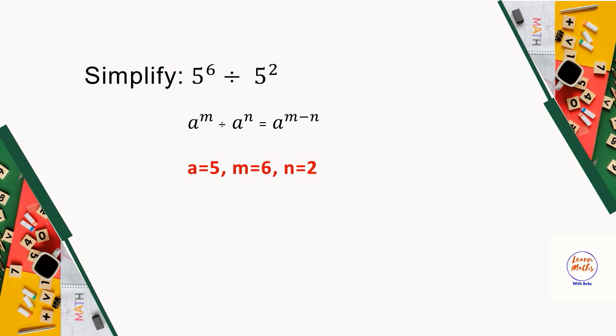So we only have to replace those letters. So I have something like this: 5 raised to power 6 minus 2. 6 minus 2 is 4. So we have 5 raised to power 4, and that is 625.